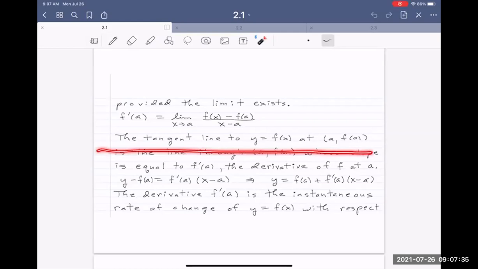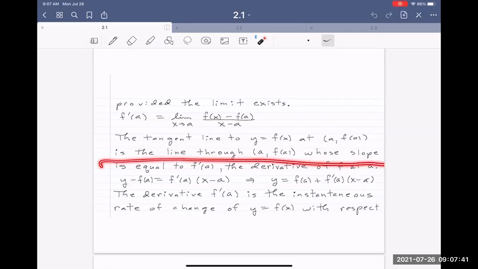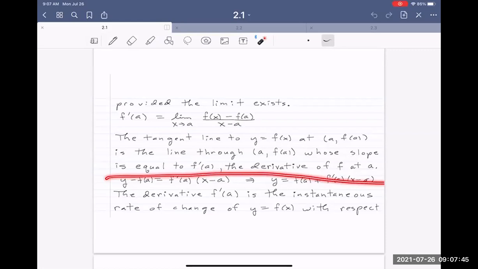The tangent line to y equals f of x at a, f of a, is the line through a, f of a, whose slope is equal to f prime at a, the derivative of f at a.